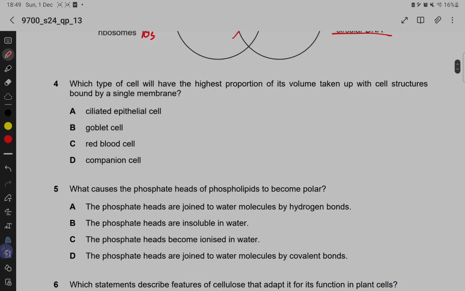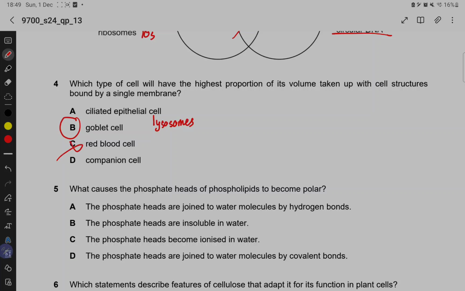Which type of cell has the highest proportion of its volume taken up by cell structures bound by a single membrane? Well, single membrane will be the goblet cell, because goblet cells have a lot of lysosomes.